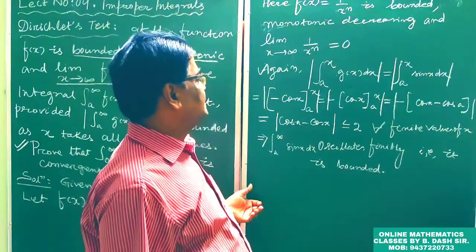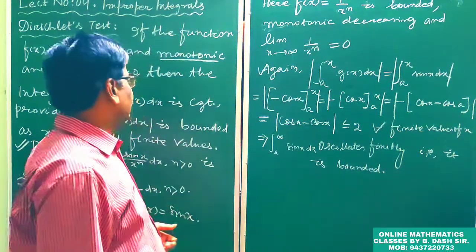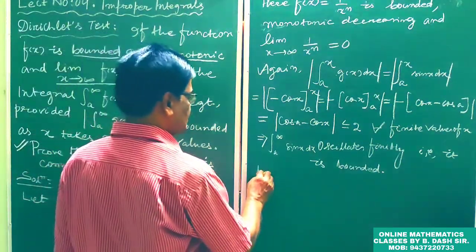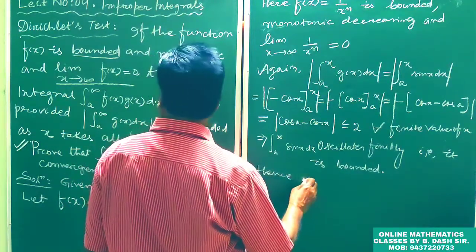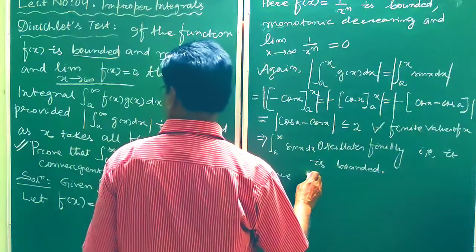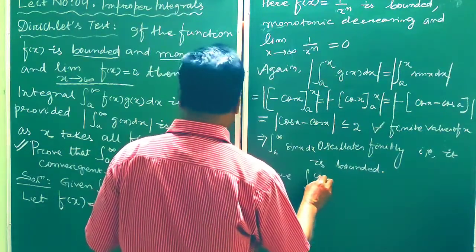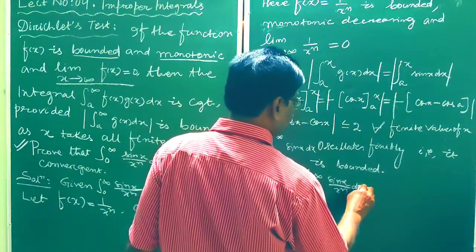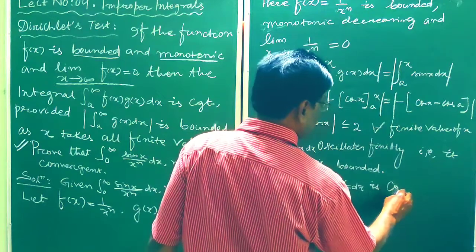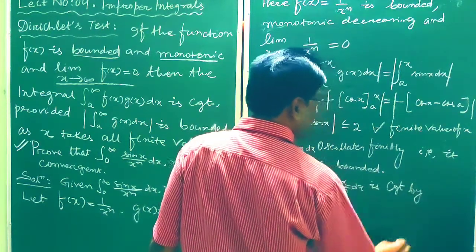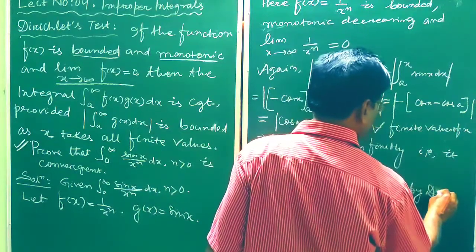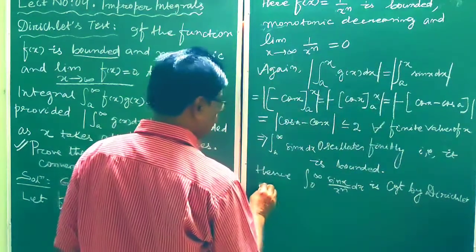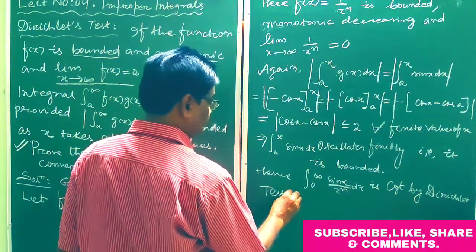It means the function g(x) satisfies the condition of the Dirichlet test. Hence, the given integral from 0 to infinity of sin x by x to the power n dx is convergent by the Dirichlet test. Proved.